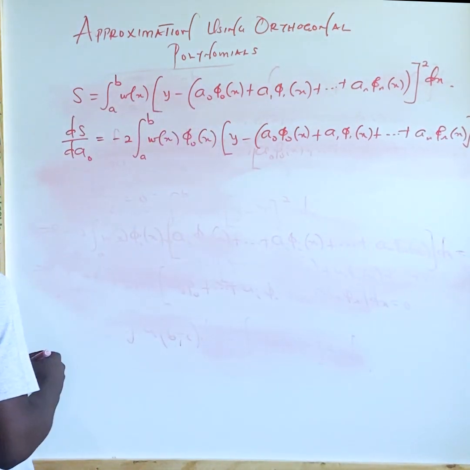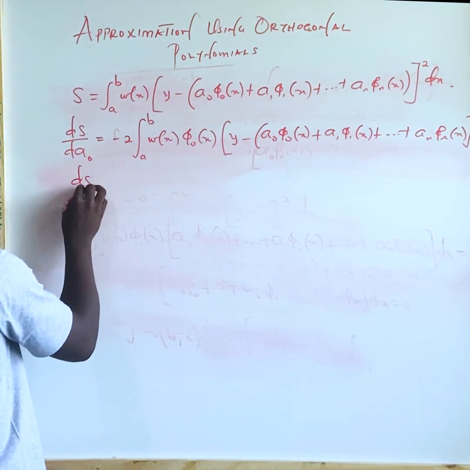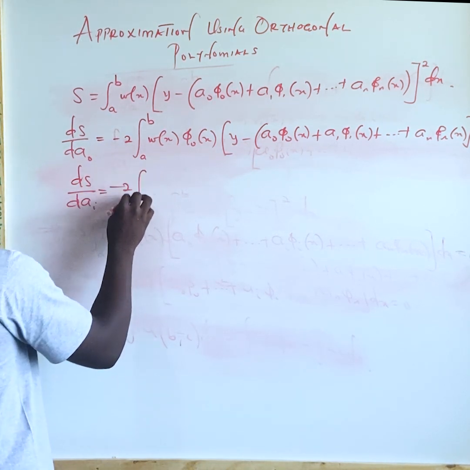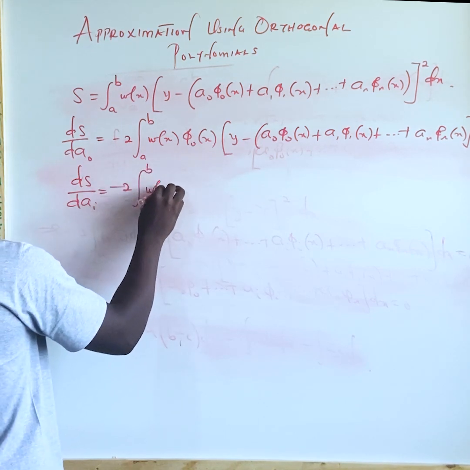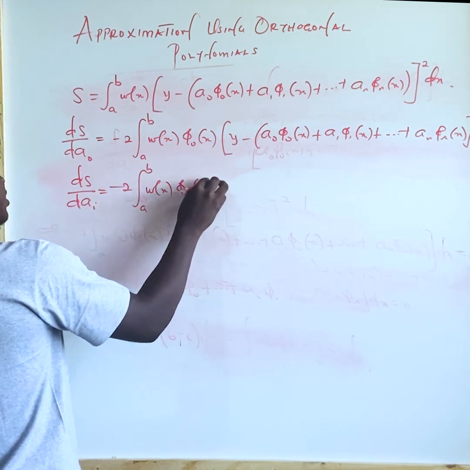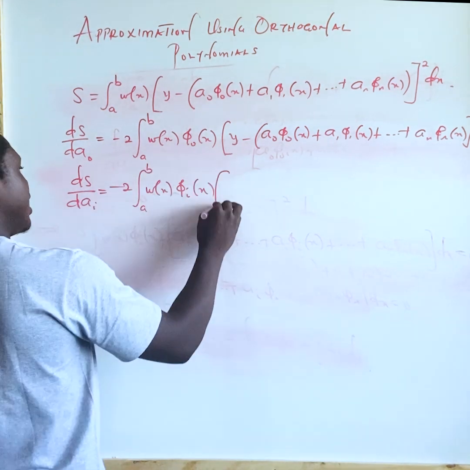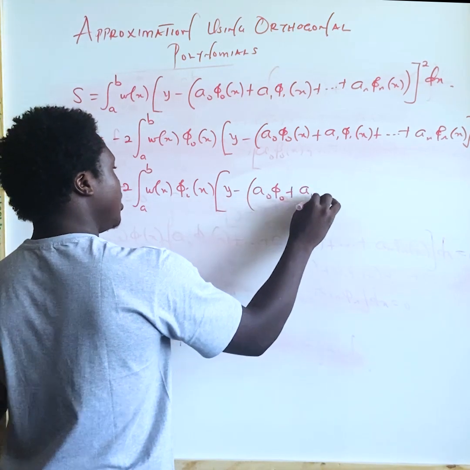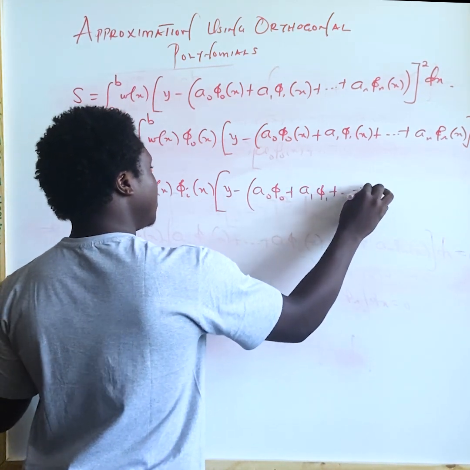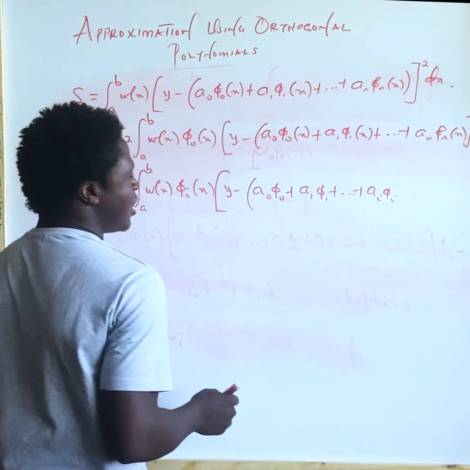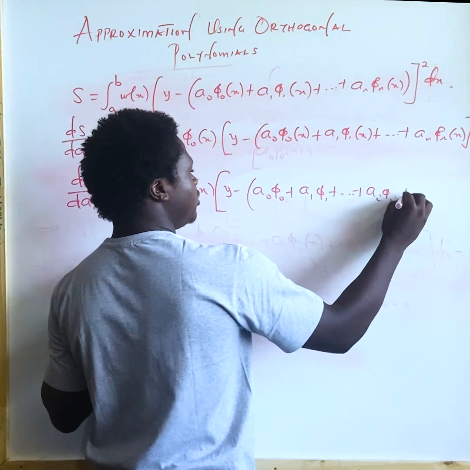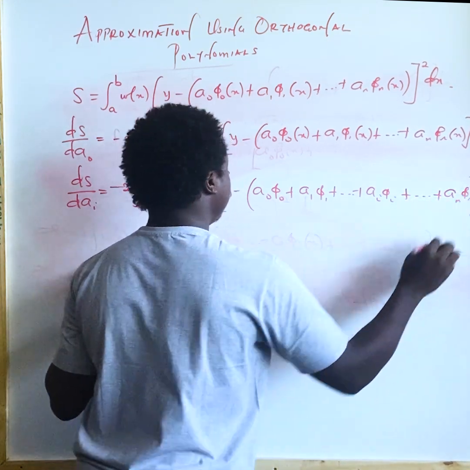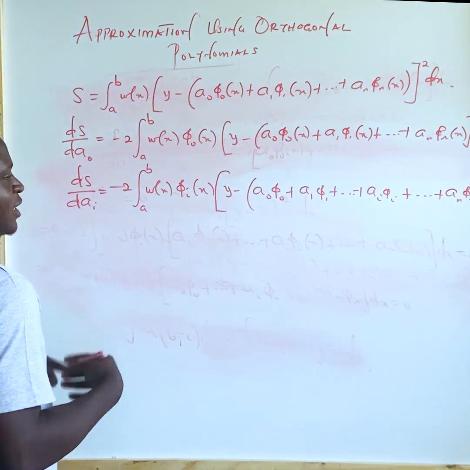If we continue like this, we can get to our ds by d ai, which is what we need in particular, and then it will be minus 2 times the integral a to b of omega x phi i of x, just changing our 0 to i, times (y minus (a naught phi naught plus a1 phi 1 plus ai phi i, and so on till it gets to an phi n)) dx. Remember we said we want that thing that minimizes the residue.